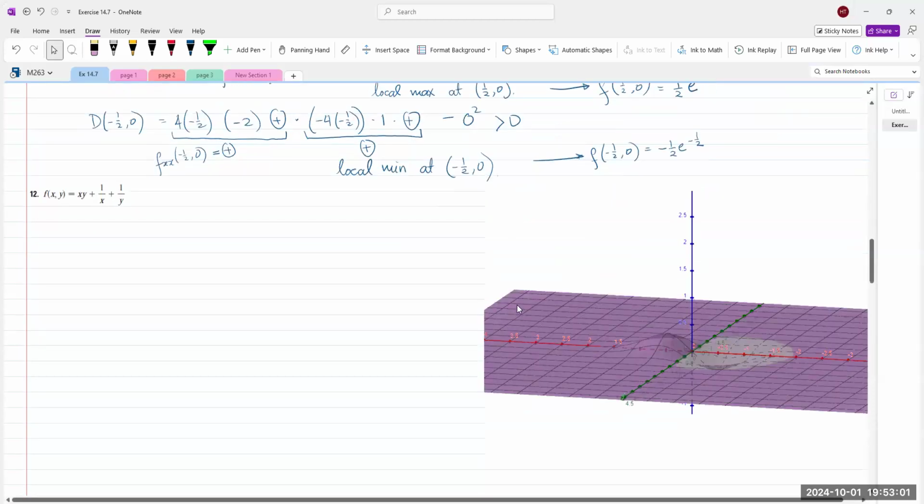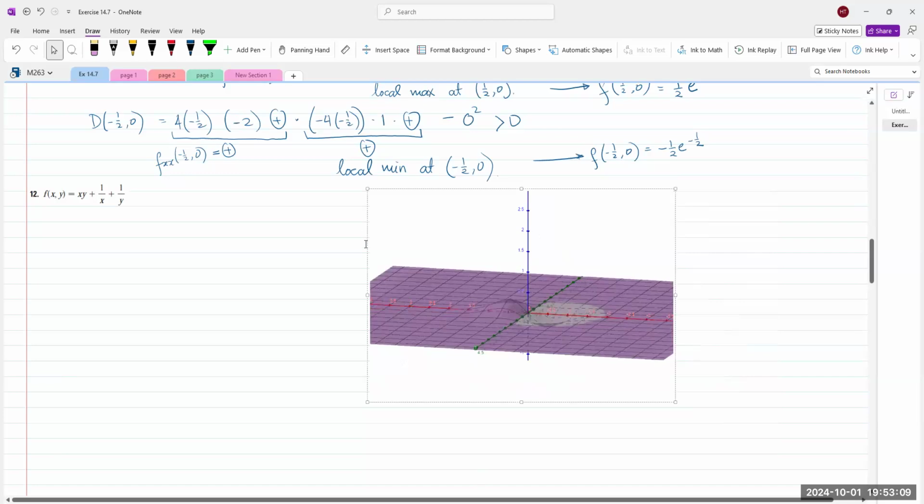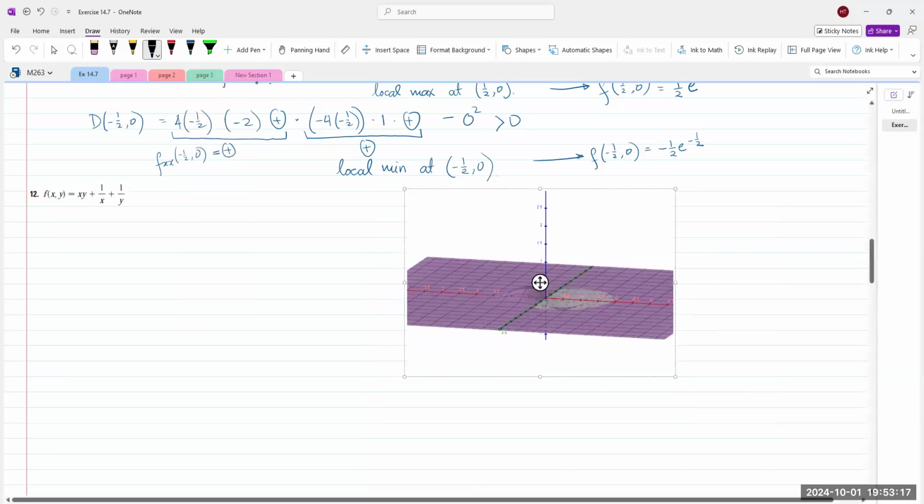Notice I don't use the graph first and then analyze that. No, that's actually the wrong direction. I use the graph only to confirm what I get. Okay, so you see that it reached the maximum here. This is the local maximum and this is the local minimum.